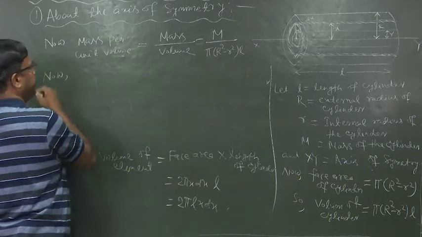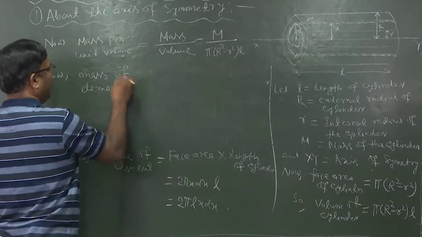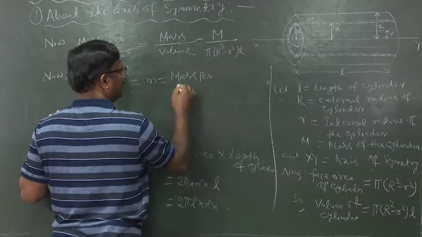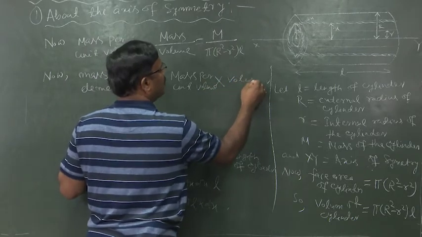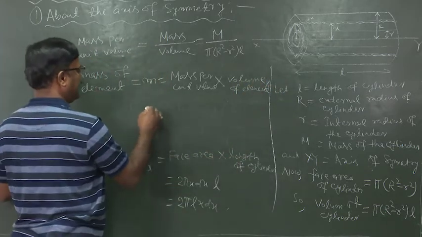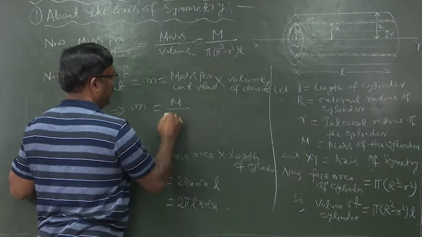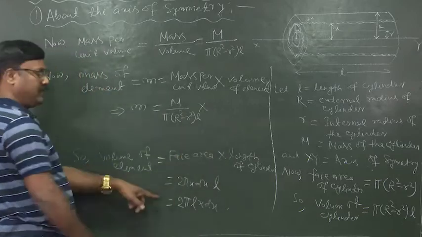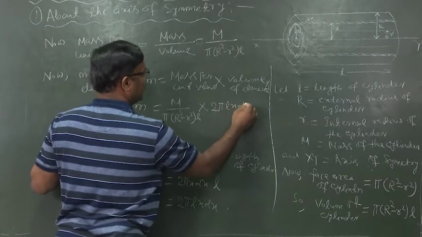Now, the mass of the element, small m, is equal to mass per unit volume multiplied by volume of the element. So m is equal to M by pi (R square minus r square) L multiplied by 2 pi L x dx.